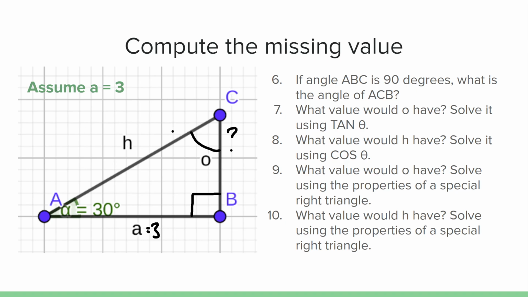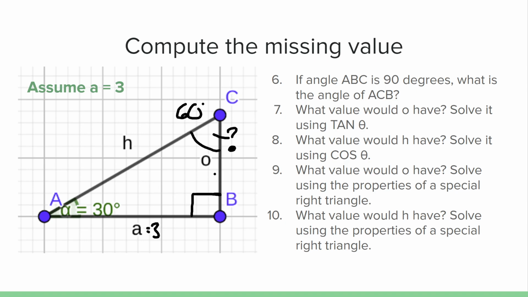Yes, you. Okay. What would this angle be? Given this is a right angle on ABC, this is a 30-degree angle on CAB. So, 60 degrees, po. Correct? Yes, you're right.